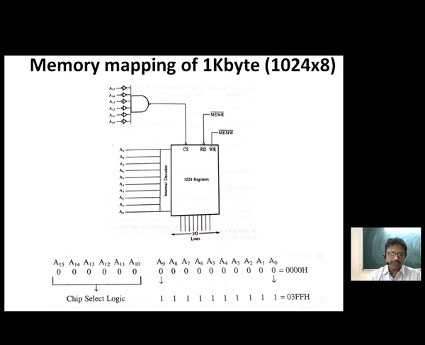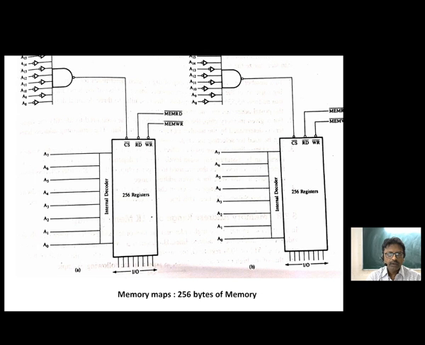Now in the previous video we have seen the case of 256 registers in a particular chip. In this we have seen that 8 address lines will be required to configure 256 registers, because 2 to the power 8 is equal to 256. So 256 combinations will be more than sufficient to assign a unique address to 256 registers.